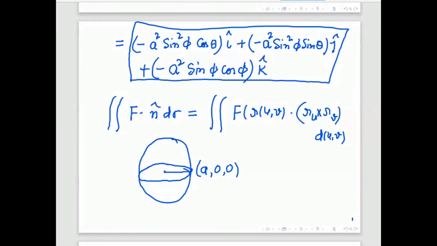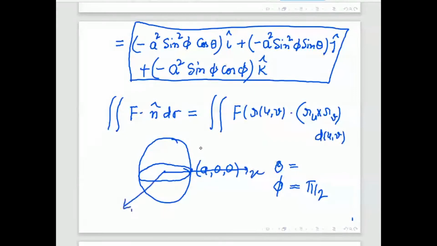Phi is 90 degrees. Yes, phi is the angle from the z-axis. So if this is the x-axis, this is the y-axis, and this is the z-axis, then phi is the angle from the z-axis to this point. This line a, 0, 0 makes 90 degrees with the z-axis. Phi means this rotation, theta means this rotation. At this point, theta is 0.